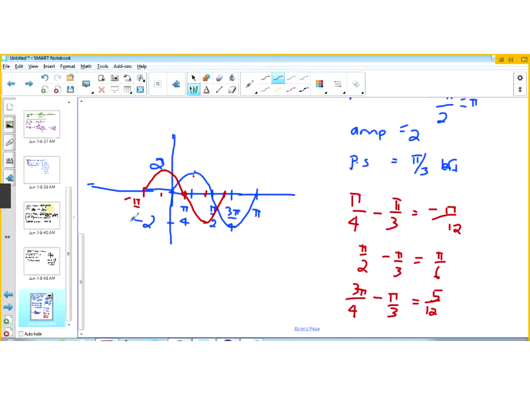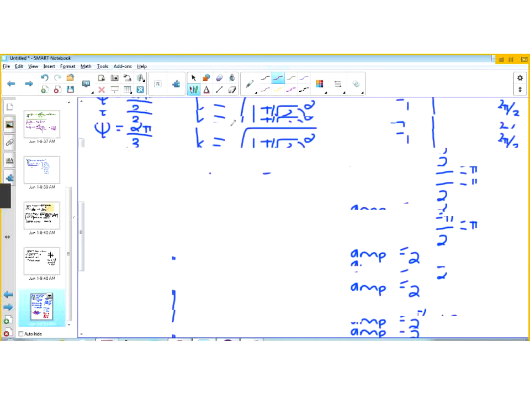So this would be negative pi thirds here, negative pi over 12 here, pi over 6 there, and then 5 pi over 12 here, and finally this would be 2 pi over 3. Okay, so there's the red curve, shifting the blue curve.